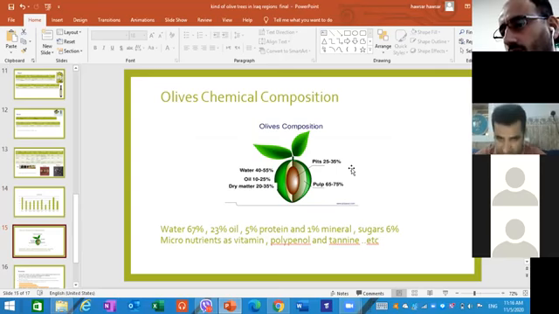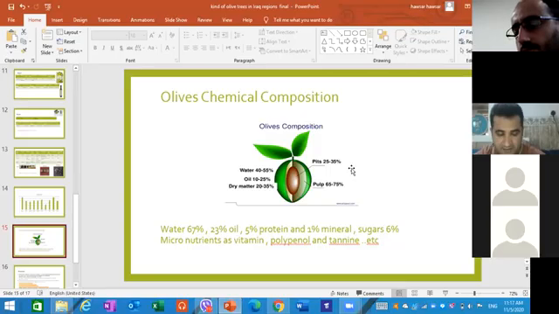Generally pulp is between 65 to 75, water between 40 to 45, oil between 10 to 25 or maybe 30, dry matter 20 to 35, and oil generally 67%. Average oil in all Iraqi cultivars is between 30 to 23.